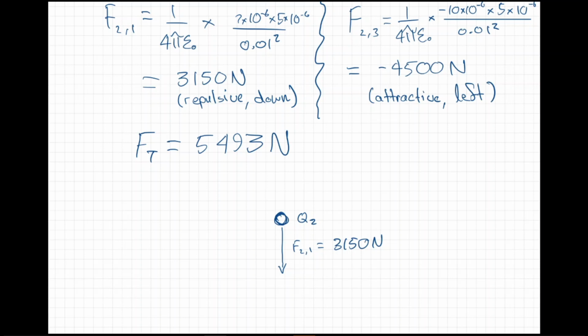Then we have, this is force on 2 due to charge 3, and it is 4,500 newtons. We're ignoring that negative intentionally now because we've given it direction rather than having a positive or a negative value. So we could have done it back here. We could have corrected it back to a positive there, but it's fine to say negative 4,500. That's telling us that it's attractive, as we've discussed.